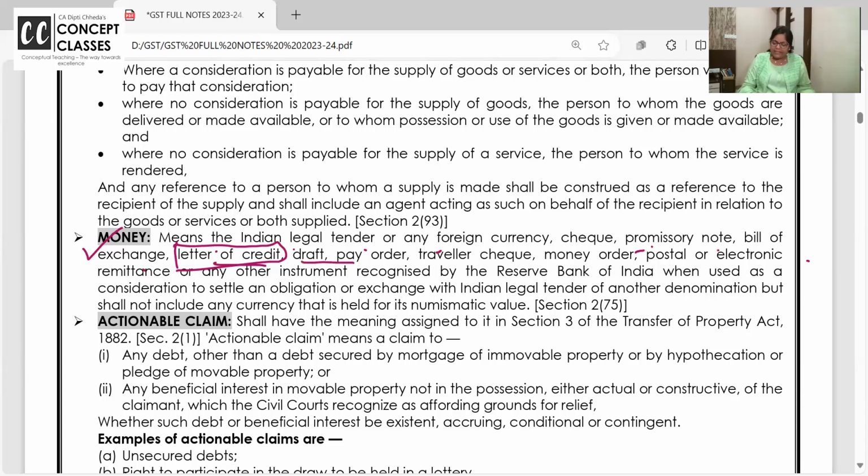DD, pay order, traveler's check, money order, electronic remittances, RTGS, NEFT, UPI, all. When used in settlement of exchange, they are all called money, and GST is not levied on money, but it shall not include any currency held for numismatic value.